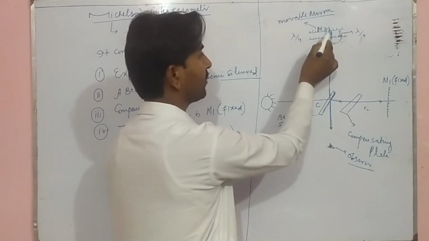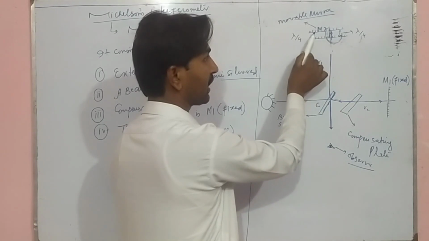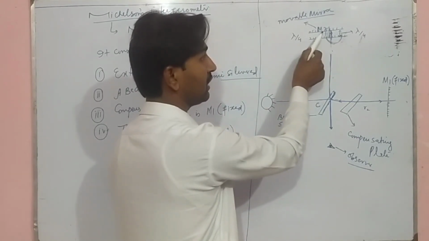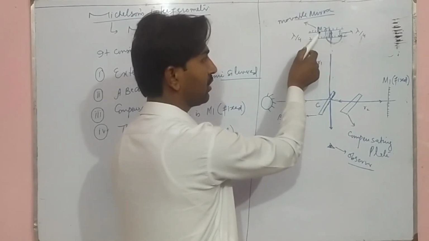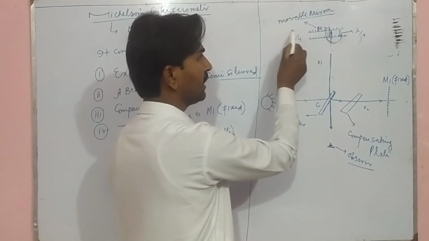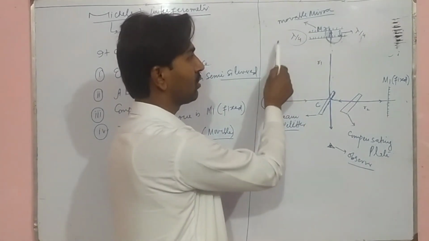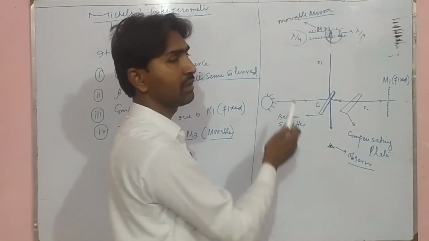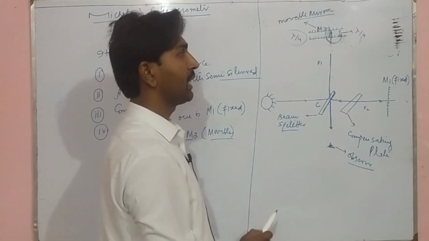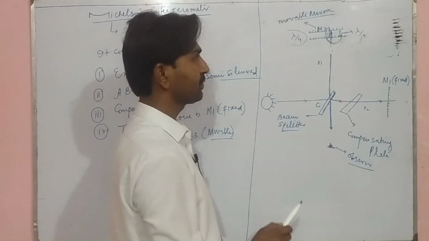If we shift the M2 mirror parallel to itself by lambda by 4, then twice this distance will be the path difference created by the shifting.